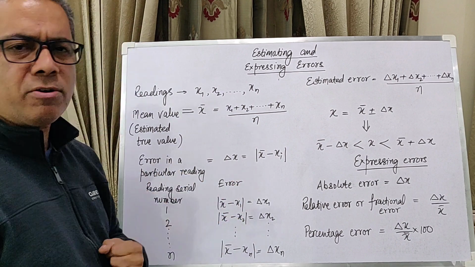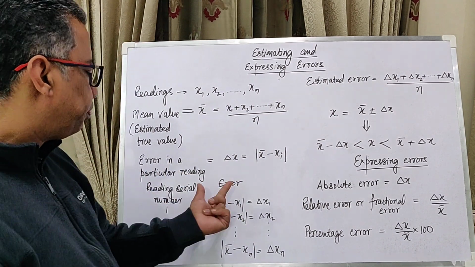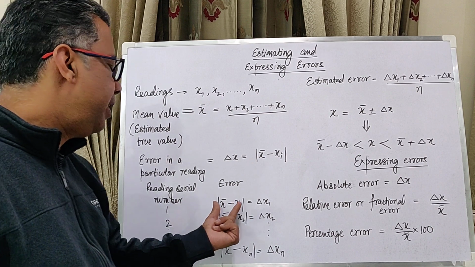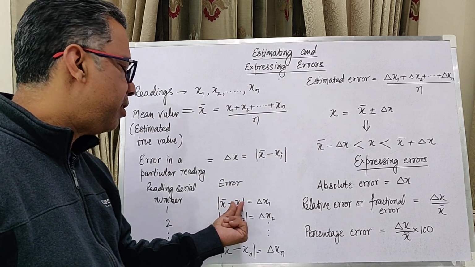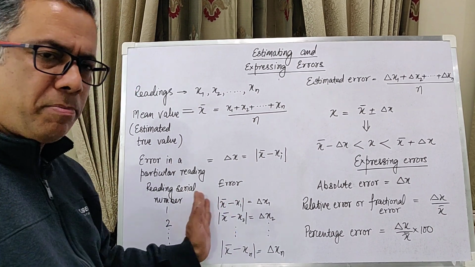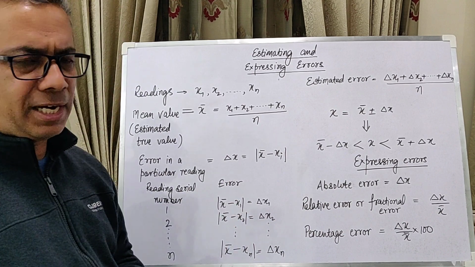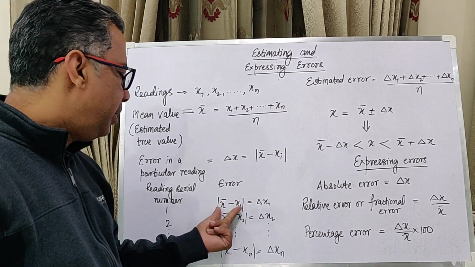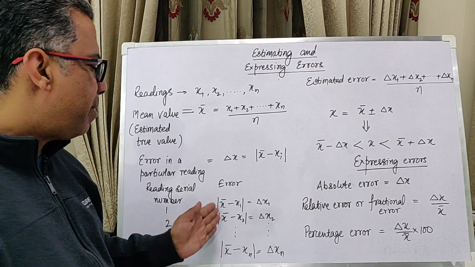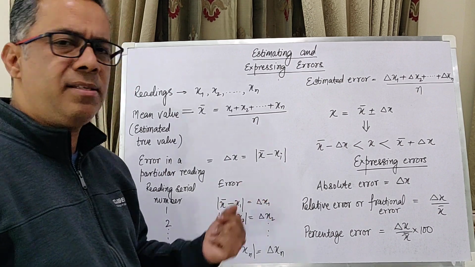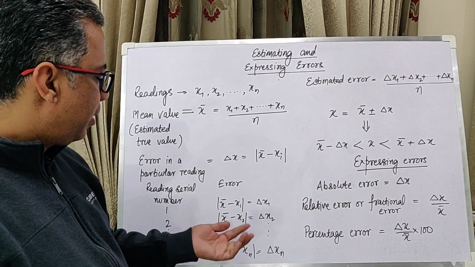We always take a mod of this. So the error in the first reading is the true value minus the measured value. You can always do the opposite. Since it's a mod, doesn't really matter. So the error in the first reading is |x bar minus x1|. We express this as delta x1.